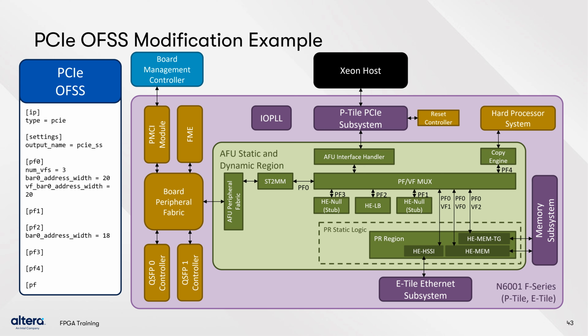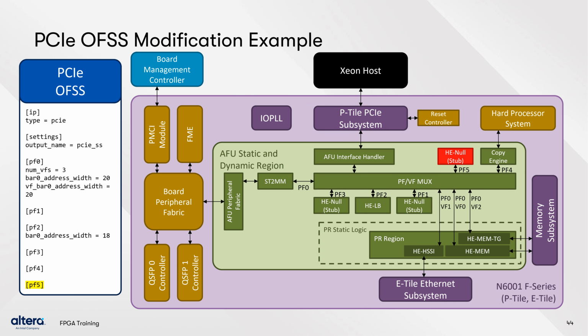To do this, you can simply add a physical function header named PF5 to the PCIe OFSS file. When you run the build script, it will modify the design to connect a new stub to PF5 on the PF/VF mux, and it will automatically update the PF/VF mux and ptile PCIe subsystem to support this change.